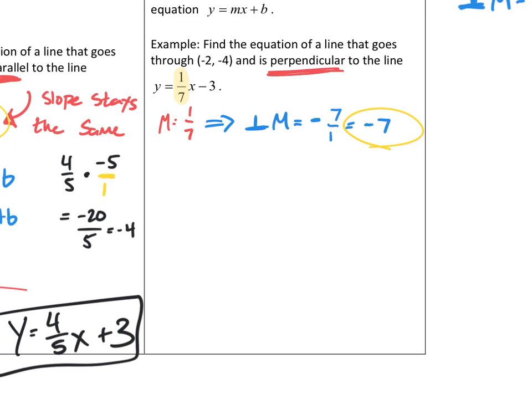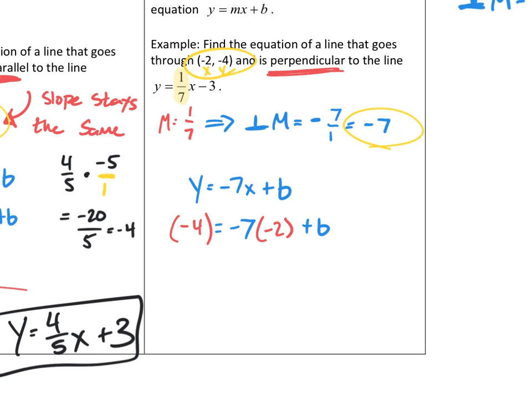That means that now we've got to look at this and figure out the next part. So right now we know y is equal to negative 7x plus b. But our b value, we don't know. So we've got to use the x and the y from what we were given. So that means our y is now negative 4, which is equal to negative 7 times x, which is now negative 2, plus b.